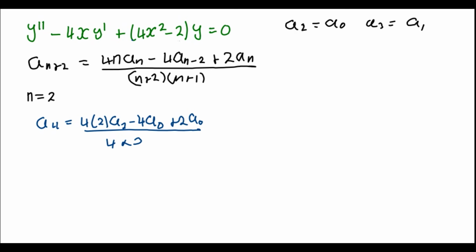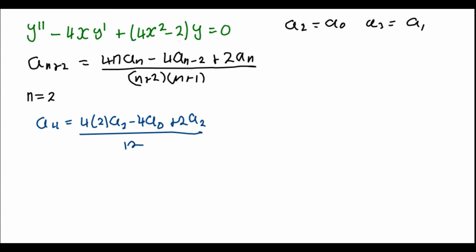So what does this give us? This would be 8 a sub 2, minus 2 a sub 0. Actually, this is supposed to be a sub 2, not a sub 0. Then divide by 12 here.